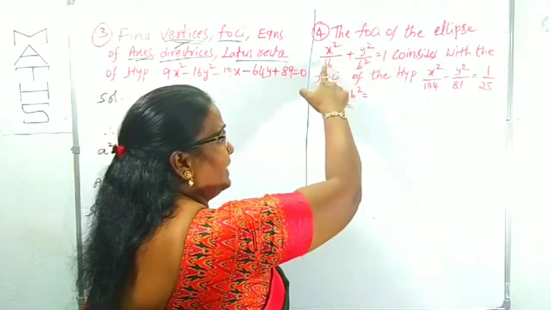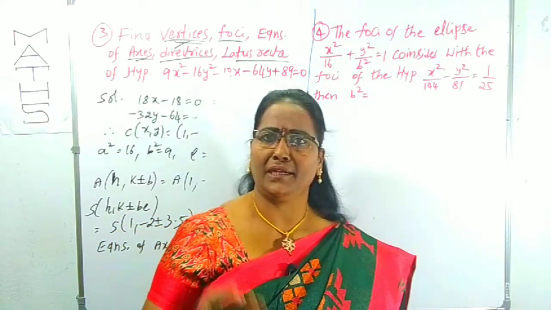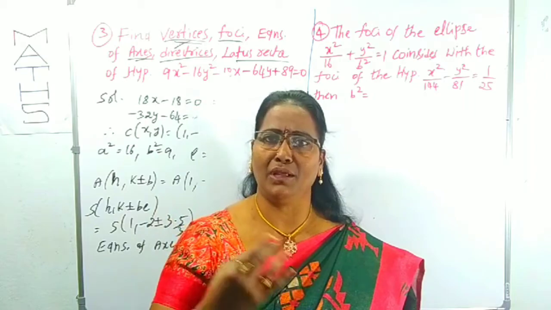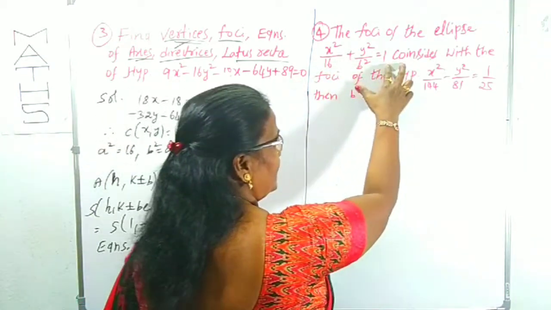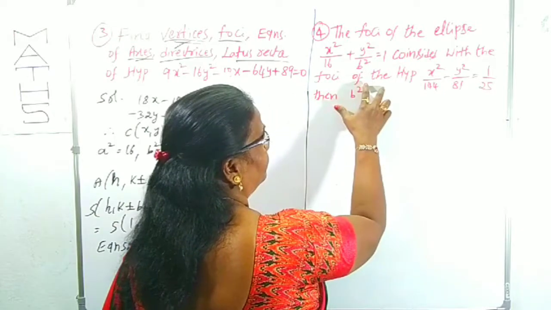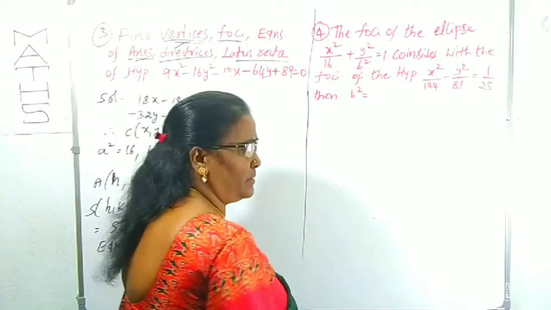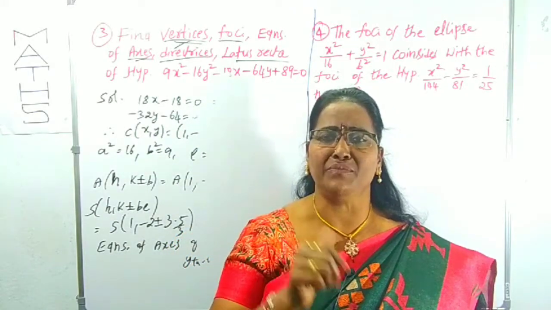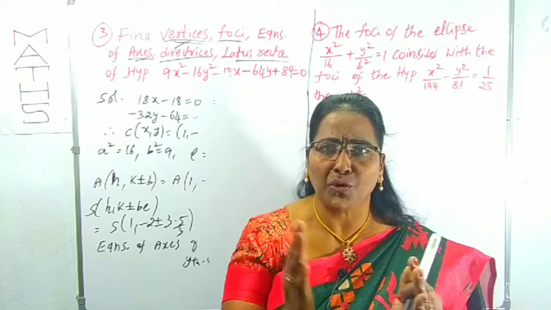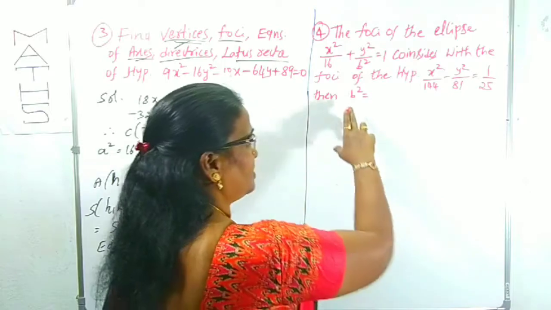The foci of the ellipse coincide with the foci of the hyperbola. You know conics include ellipse, parabola, and hyperbola. Foci of both of them coincide, meaning they are the same.